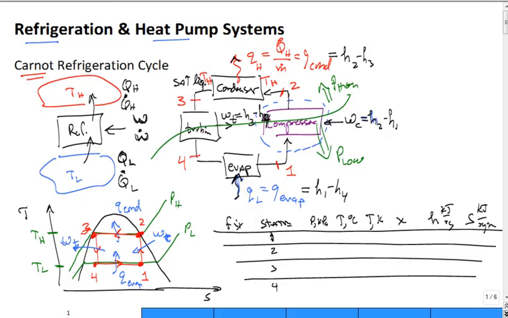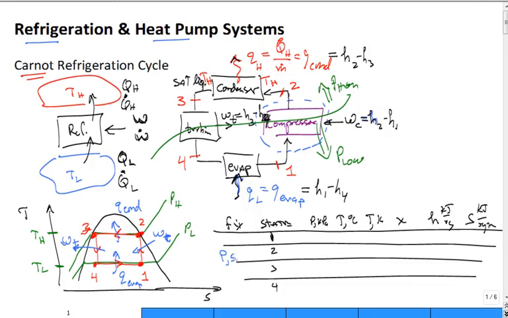Now, this is what I would do, is I would first focus on state 2. What was some information, a note to myself to help me fix state 2? Typically given in the problem, they'll give us the pressure of the condenser. And the other piece of information to help us fix the state is that it is saturated vapor.